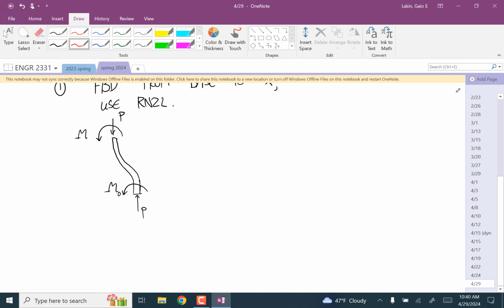Okay, and if the about point is going to be here again, then the moment equation says M sub 0 plus M plus, this works the same as it did before, this is V, so plus P times V is equal to 0.